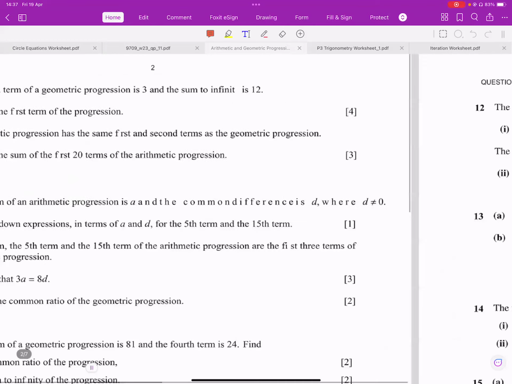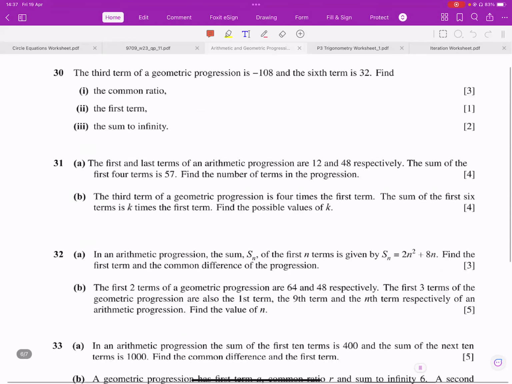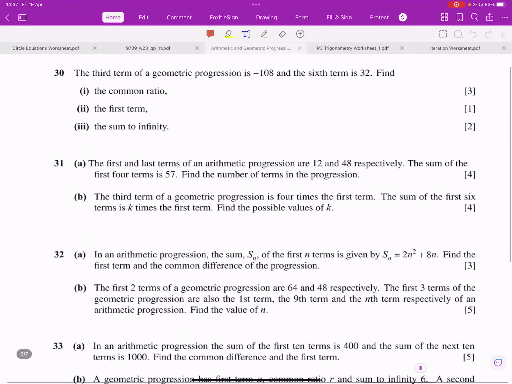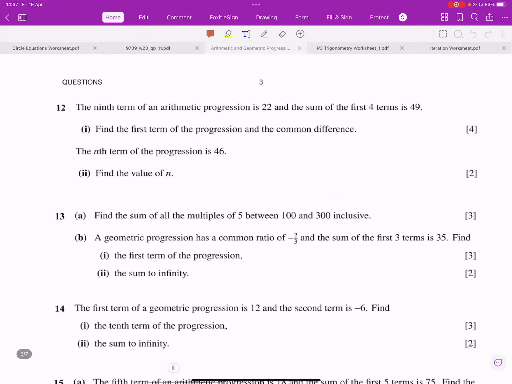Seven looks kind of straightforward. So rest of you as well, let me know if there are any particular problems so we could have a look at them. I'm going to start with this one right now.